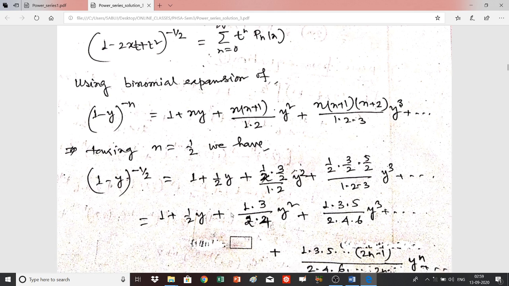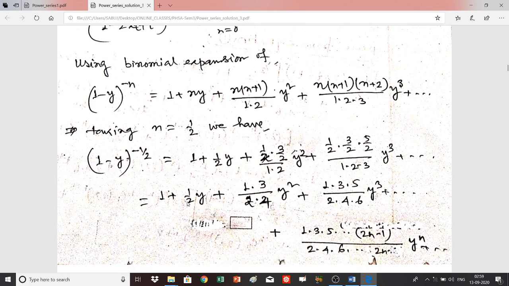After simplification, you will have 1 plus half y plus 1 into 3 by 2 squared into y square, and so on.